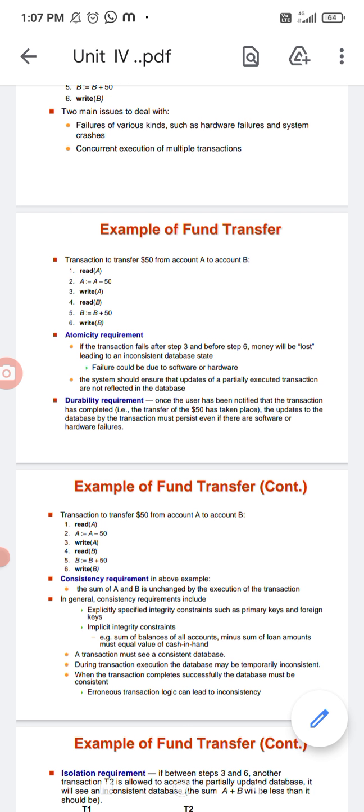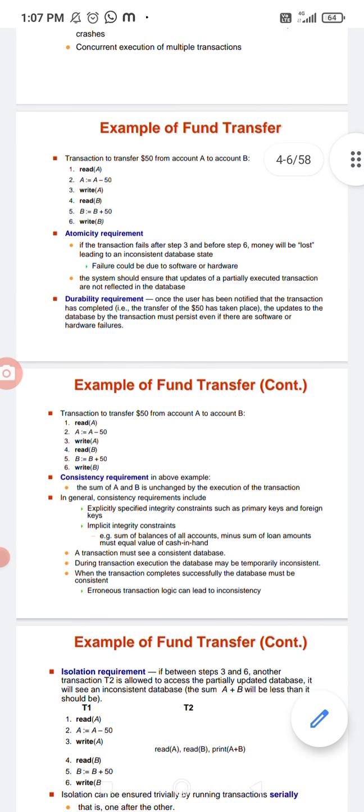Durability requirement: once the user has been notified that the transaction has completed, that is, the transfer of the $50 has taken place, the updates to the database by the transaction must persist even if there are software or hardware failures. As we know, after a transaction we get a message, and this update should be there.